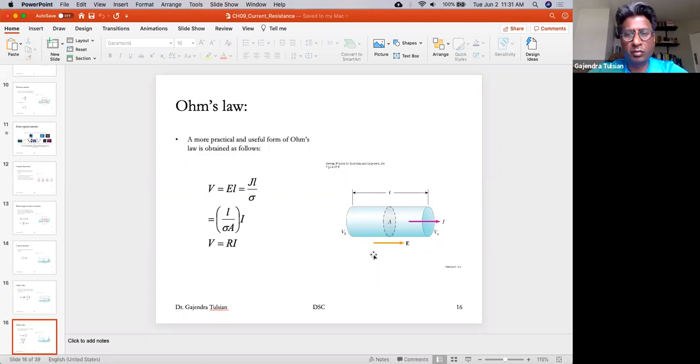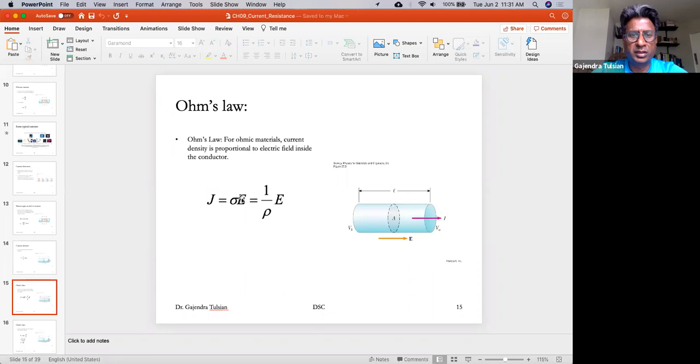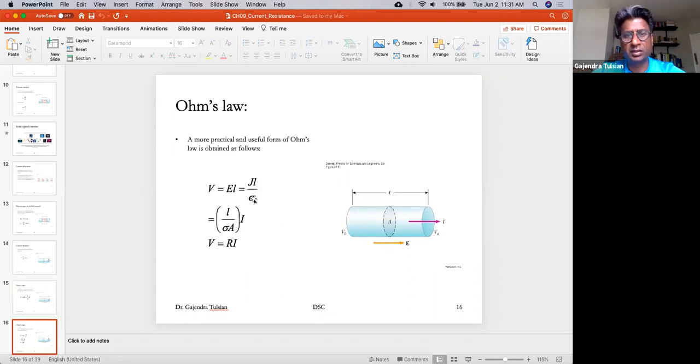Back we saw that if there's a constant electric field in this wire, the voltage across this wire would be the electric field times the length. Now the electric field is related to the current density as J over sigma. Sigma is the conductivity.